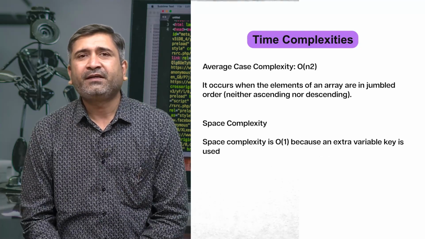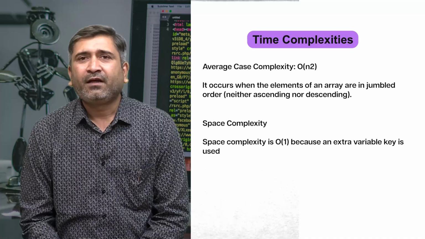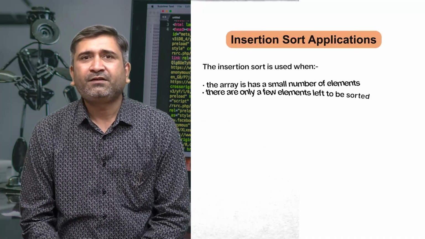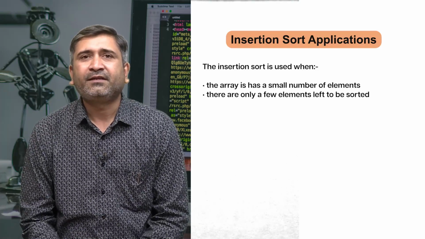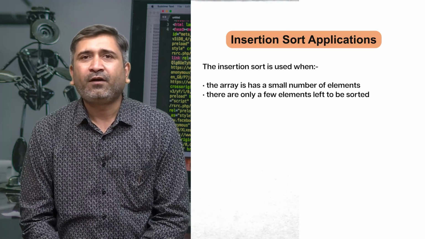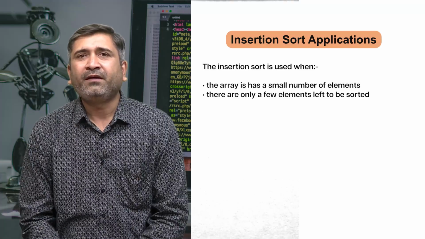The space complexity is order of 1 because only an extra variable key is used. The insertion sort algorithm is used when the array has a small number of elements.